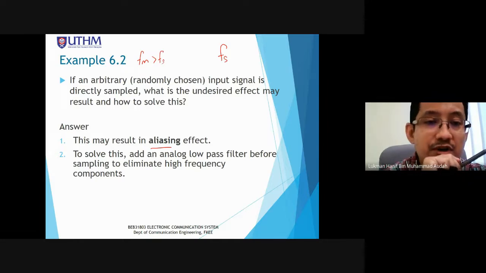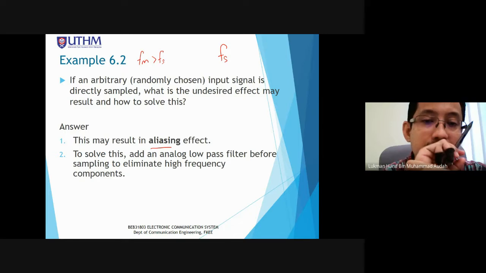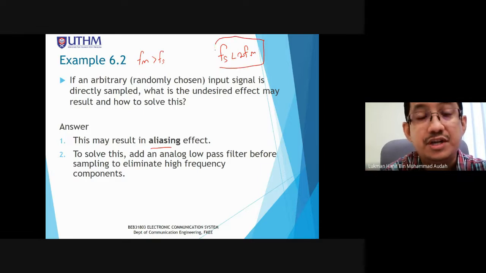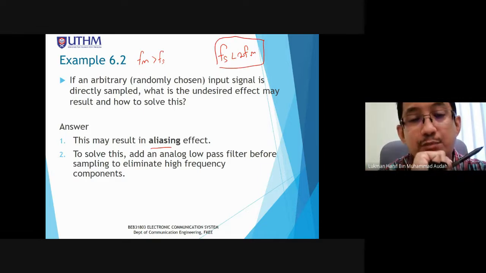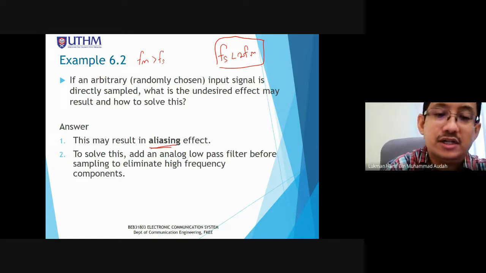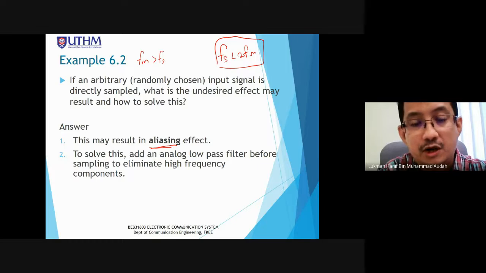So the sampling frequency might be less than 2 FM. Ada kemungkinan berlakunya case seperti ini jika input frequency tidak dikawal. So it is going to cause aliasing phenomena at the output.